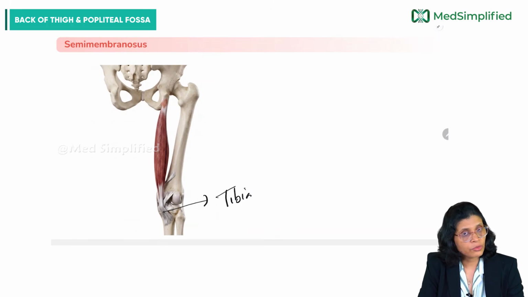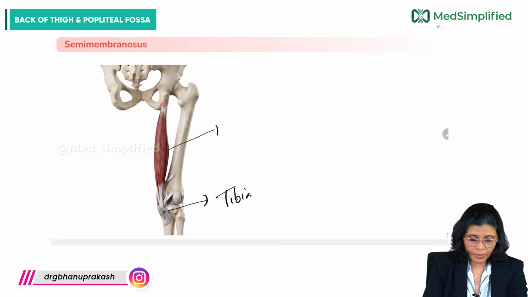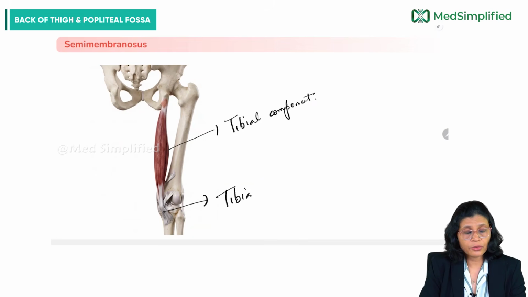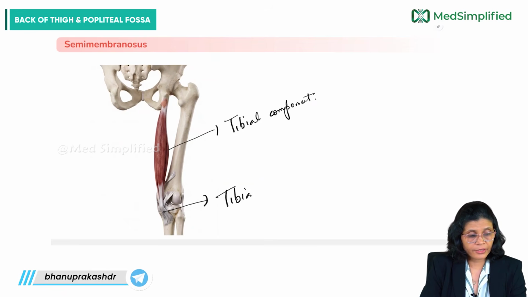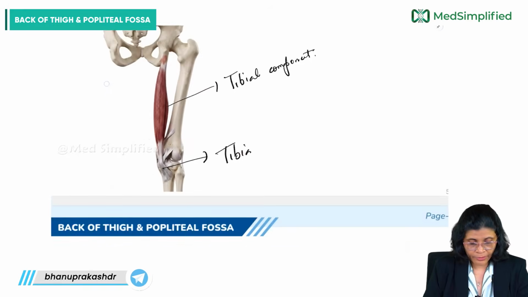So semimembranosus obeys the second rule too. It is supplied by the tibial component of the sciatic nerve, and so obeys the third rule, and it is a flexor of the knee and extensor of the hip. So that is why this is a true hamstring.